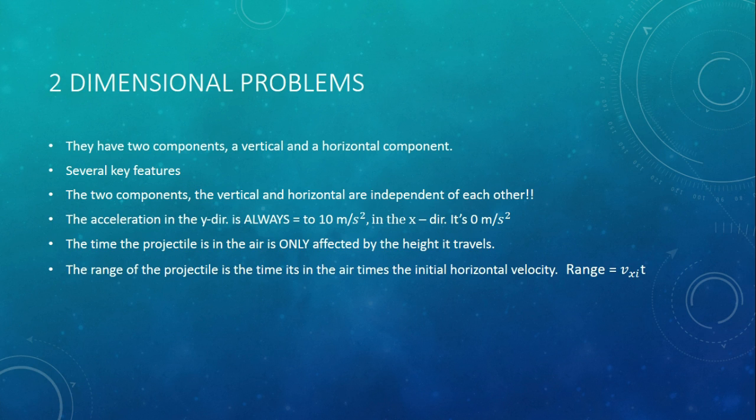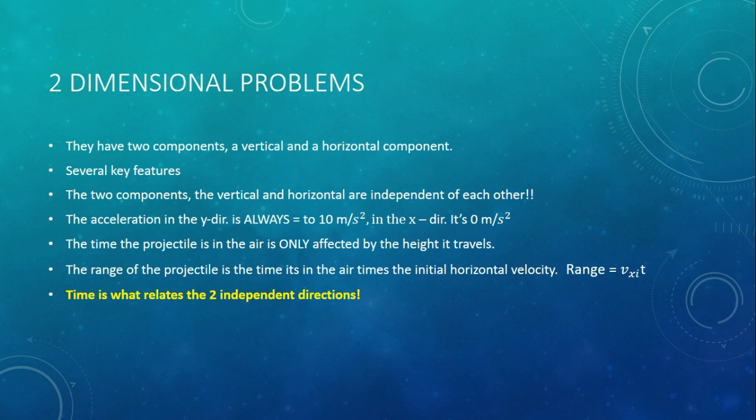And also the range of the projectile is always the initial horizontal velocity times the time. So this is another way they're independent. The range is only affected by the time it's in the air and the initial velocity. And the only thing that they share in common is time.